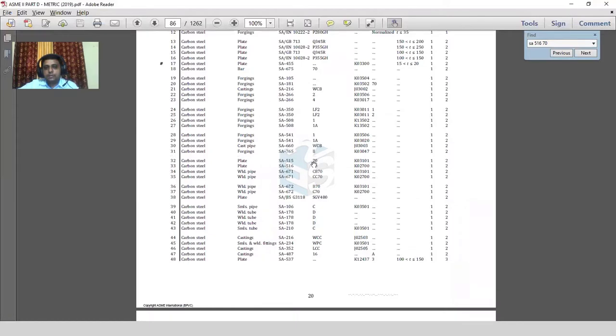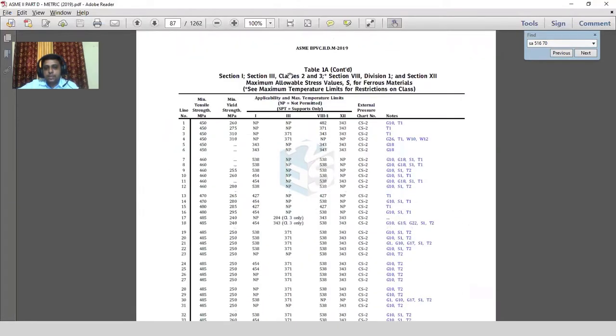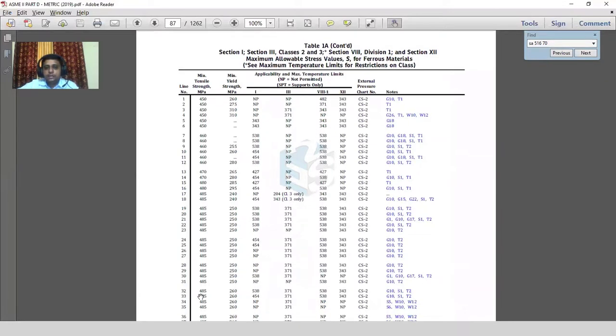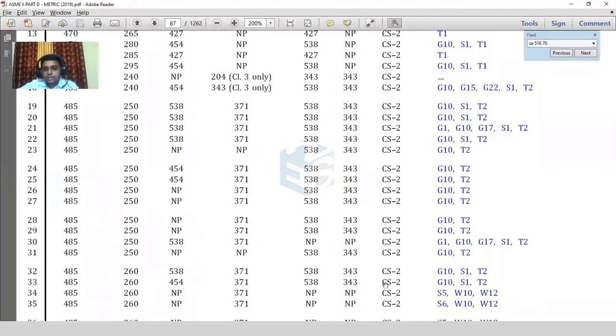What we have found out, we move to the next page. In the applicability column, the next column to that is the external pressure chart number. So for line number 33, the external pressure chart number is CS2.